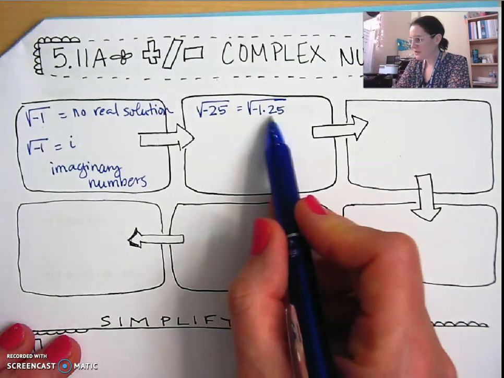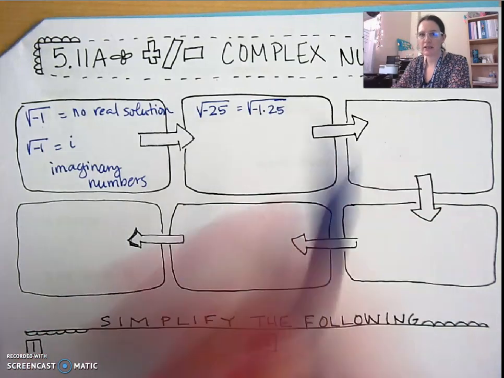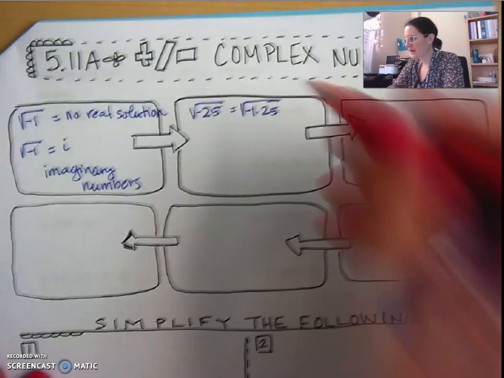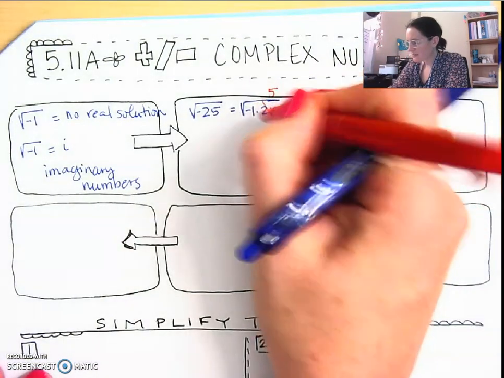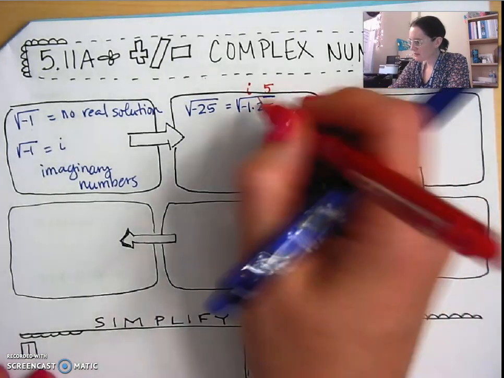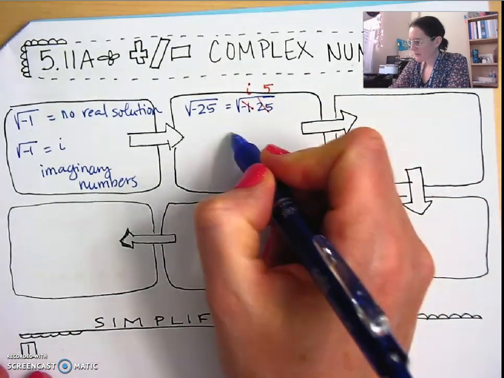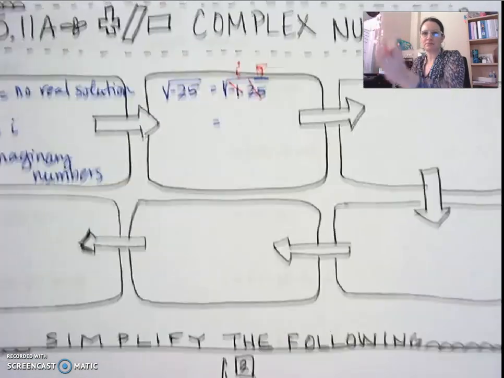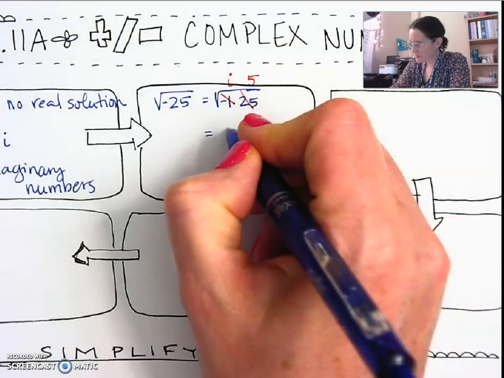And then now I have two things and I'm going to simplify them individually. So the square root of 25 is 5, and the square root of -1 is i. And there's nothing left in the radical, so it's going to go away. When you pull out more than one thing, you multiply them together. So that's going to be 5i.